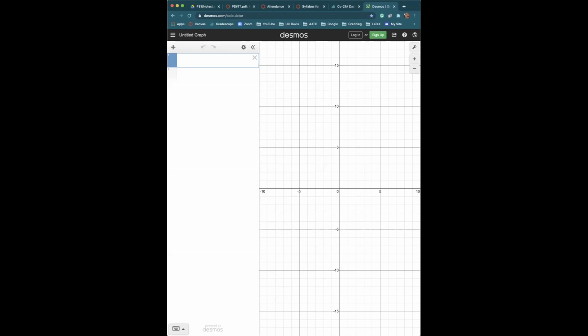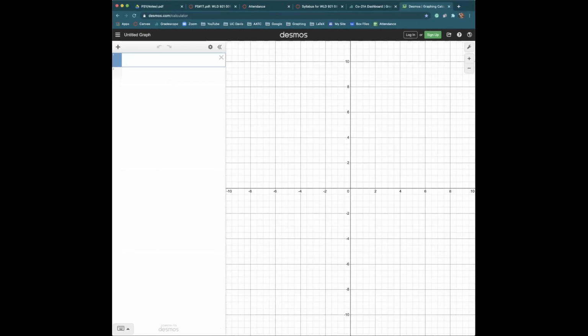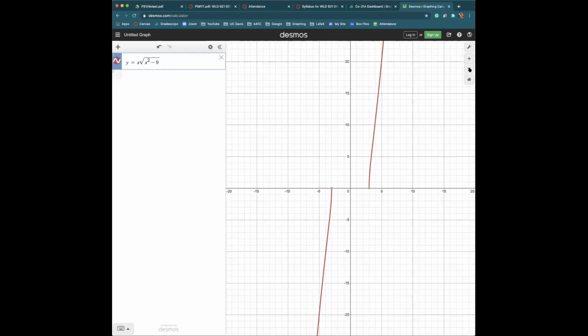Here is Desmos. And I'm going to graph this so I can actually see the rotational symmetry. So if I graph y equal to x times the square root of x squared minus 9, you can kind of see, and if we zoom out it might be easier, if we rotated this 180 degrees, it would look the same.